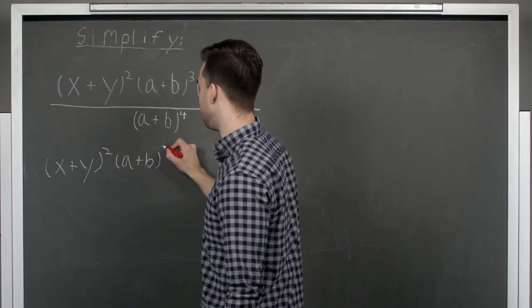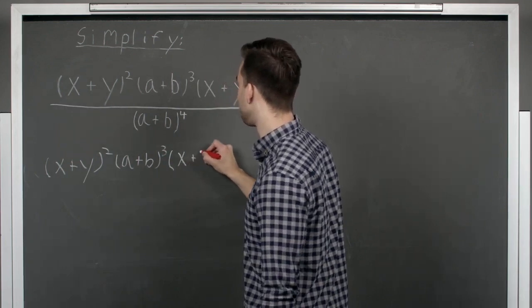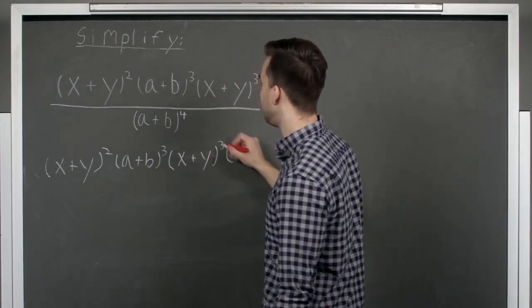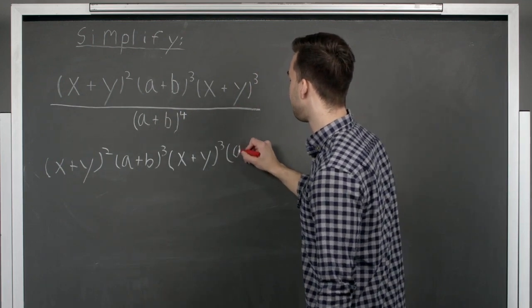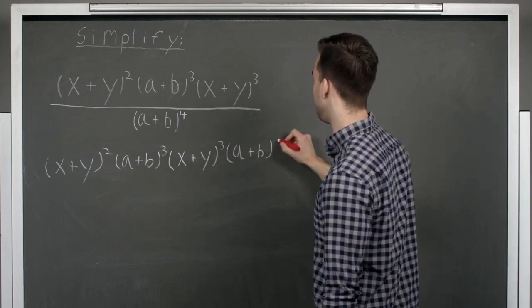Just bringing everything down. And then (a + b) to the power of negative 4.